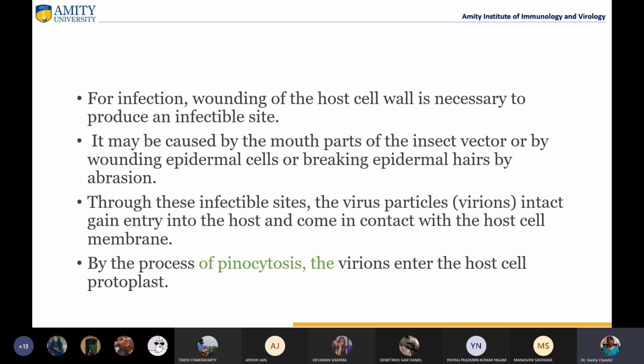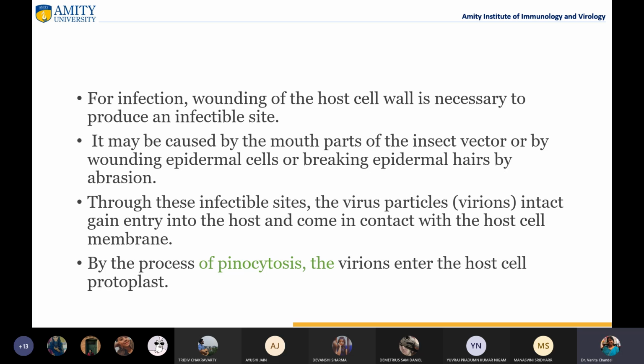But if we are talking about mechanical transmission, then we need to make certain abrasions in the plant's outer epidermis and cell wall, and carborundum powder is used. So very lightly we rub the leaves with the carborundum powder, and then we inoculate the material. Or it is caused by the mouth parts of the insect vector, or by wounding epidermal cells or breaking epidermal hairs by abrasions.